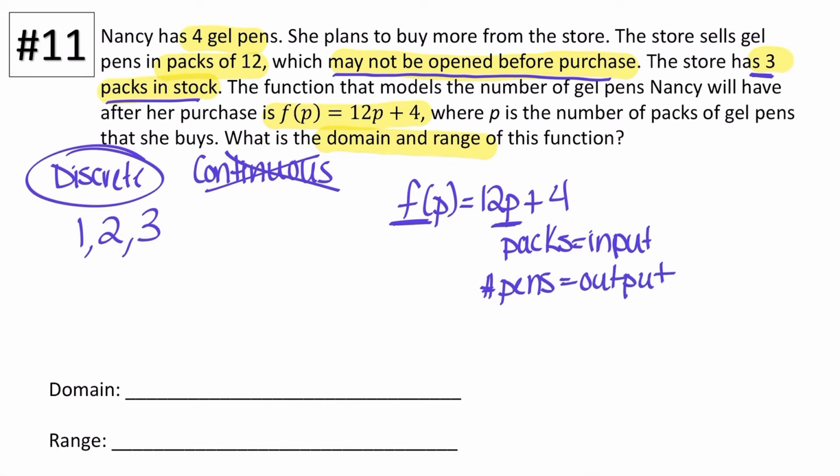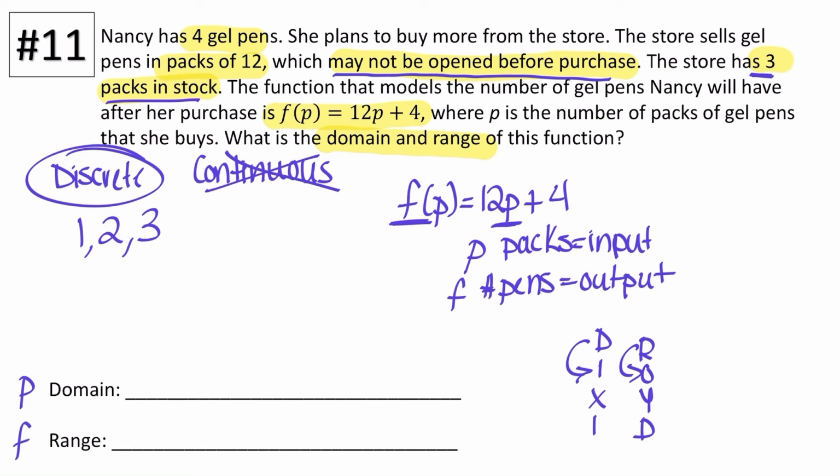So packs is represented by p, and number of pens is represented by f. Since p is the input, remember that the domain is the input and range is the output. So the domain will be represented by p, and f, which represents the number of pens, will be the output.